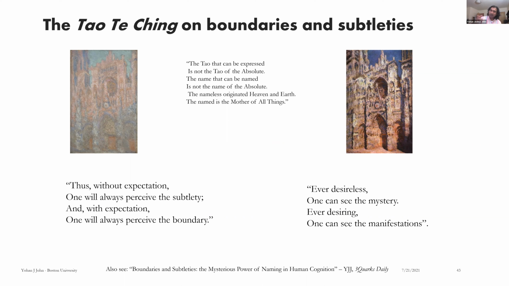Sometimes the very same lines are translated as: ever desireless, one can see the mystery; ever desiring, one can see the manifestations. For a while I was like, well, I can see why mystery and subtlety relate. But then why desire and expectation? Or why boundary and manifestation?